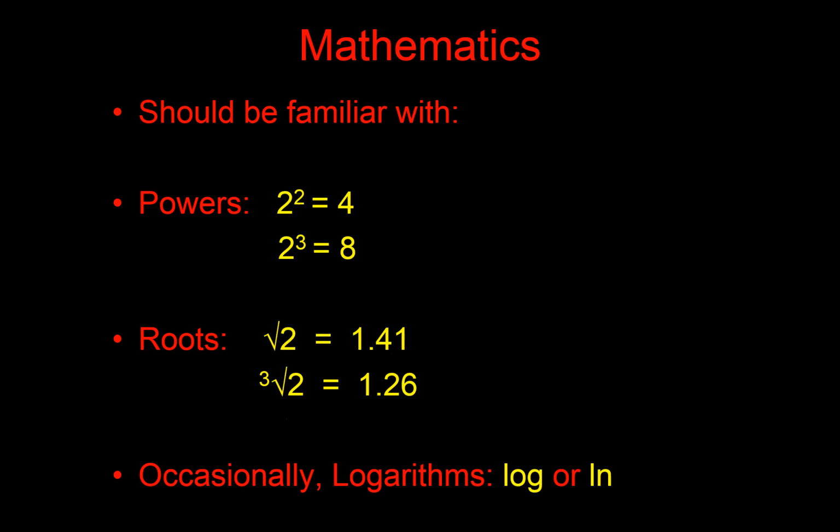People have different versions of calculators, and I'm not entirely familiar with which calculator you have. So this is down to you. Cell phones cannot be used in place of a calculator during exams or in class tests. Occasionally, we might see logarithmic relationships, either natural logs to the base e or log to the base 10. So be familiar with how to perform these on your calculator and how to translate logarithmic graphs where possible.